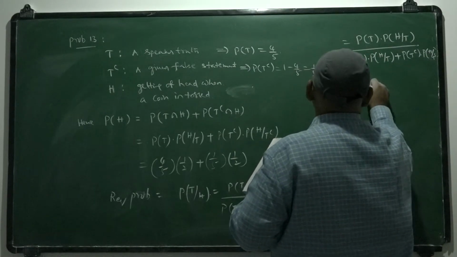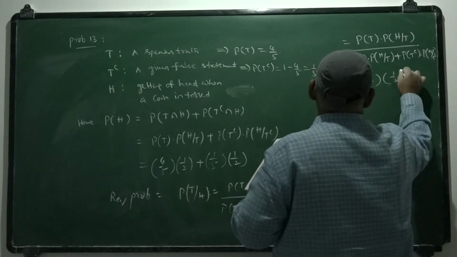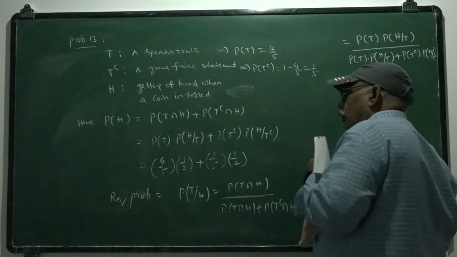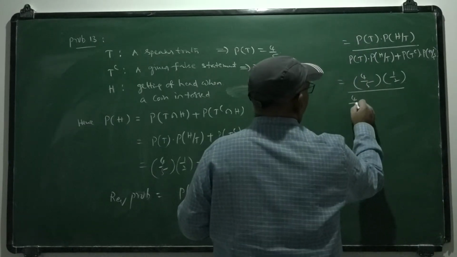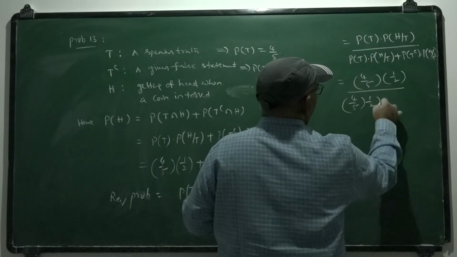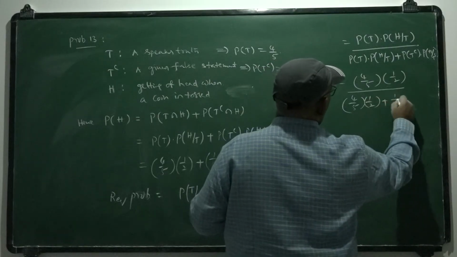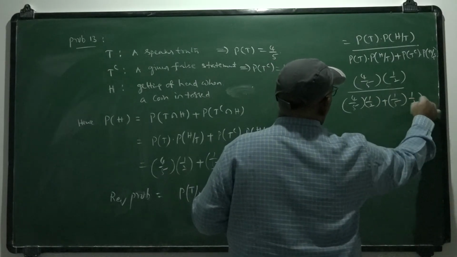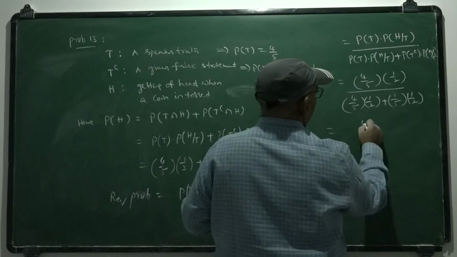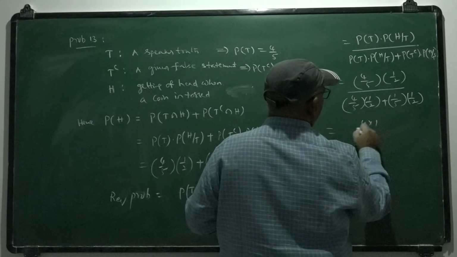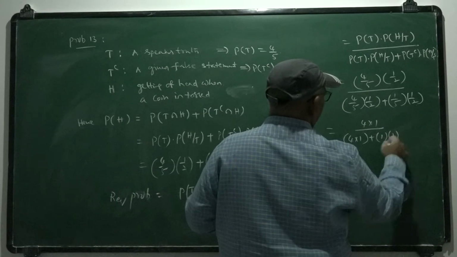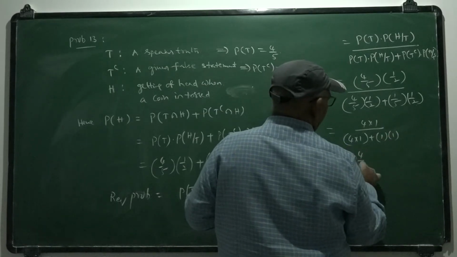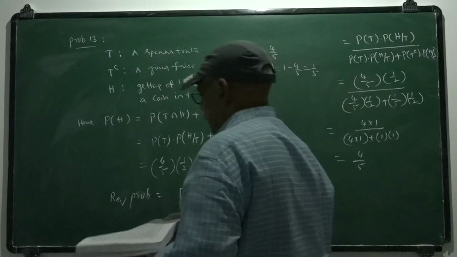This is 4 by 5 into probability of getting head. Either he speaks truth or false, the probability of getting head is 1 by 2 itself. So 1 by 2. This is 1 by 5 into 1 by 2 itself. So then 4 into 1 by 4 into 1 plus 1 into 1 itself. 4 by 5 is the required probability.